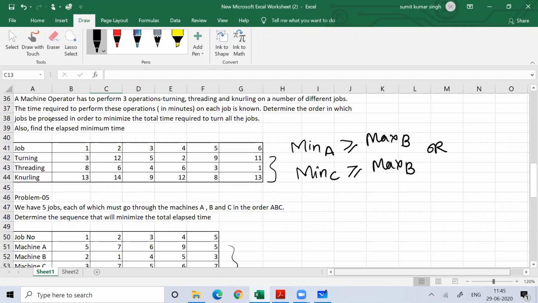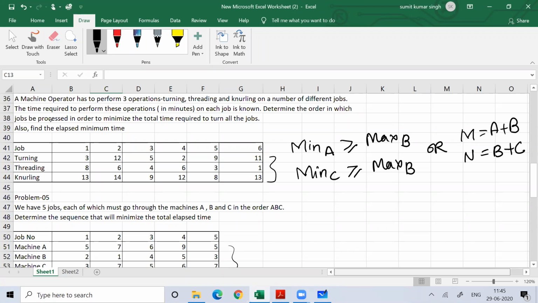Then only can you convert this three machine problem into a two machine problem, called M and N, where M equals A plus B and N equals B plus C. Once you have these two machines M and N, you know how to work on a two machine problem.